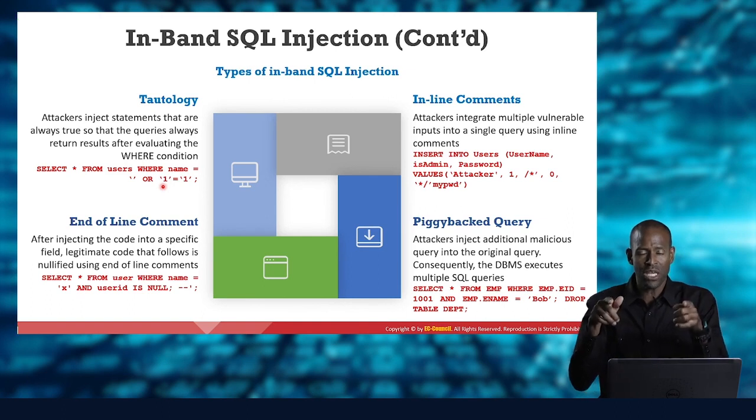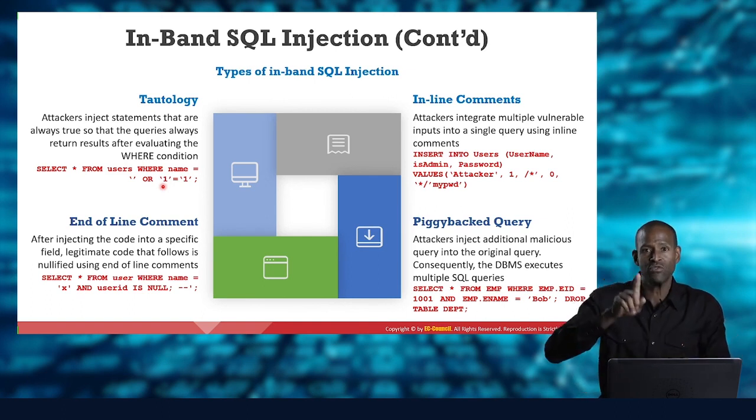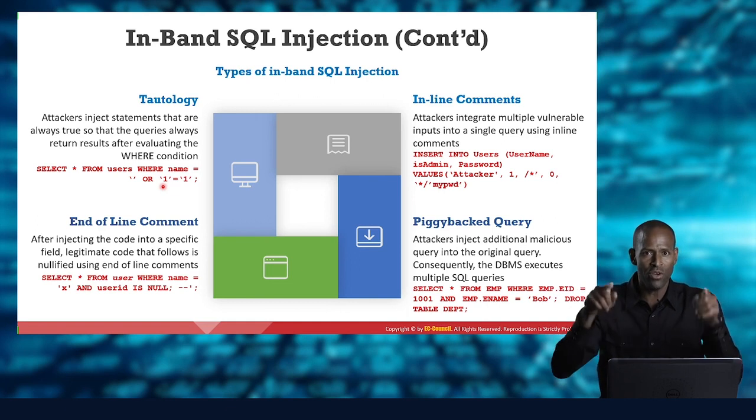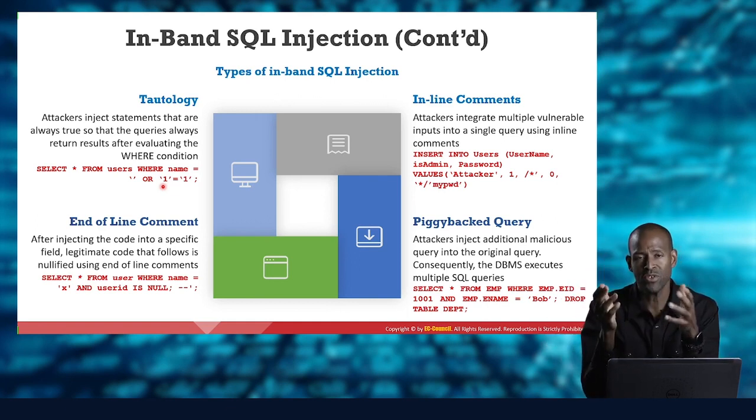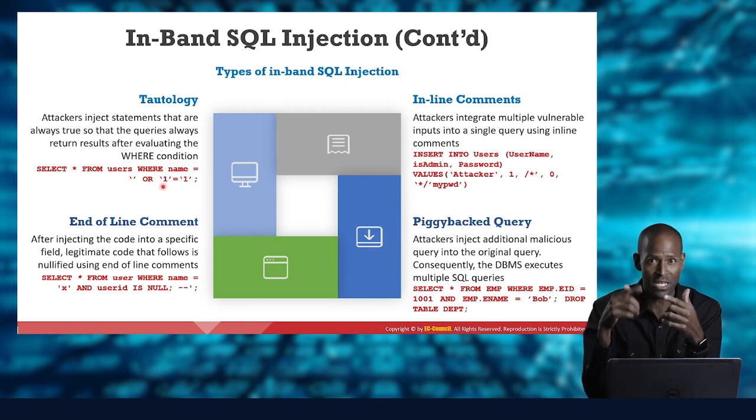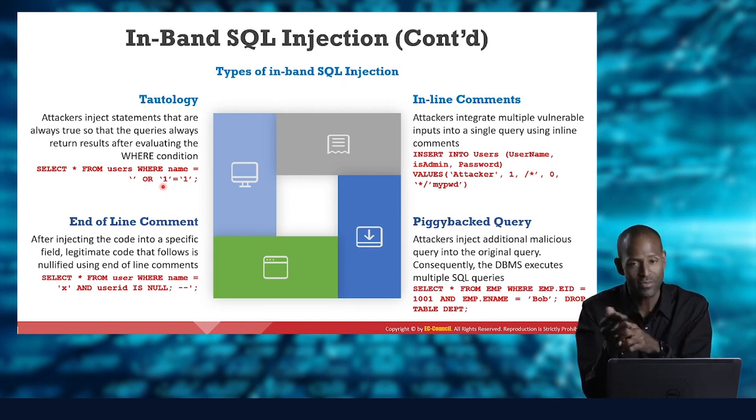If both of those return true, then the database returns true. If one of those returns false, then the database returns false. If the database returns false, then there'll be a new page that will say, I'm sorry, you had the wrong password, try again, or something like that. If the database returns true, then the web application will return a page that's customized for that user. So that's how it works.